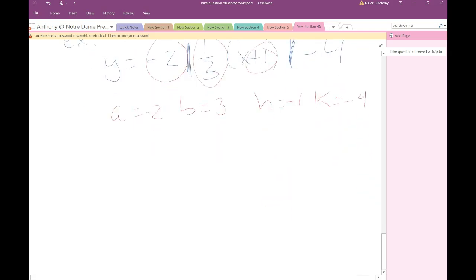So now that I have these 4 values, I can apply the rules that we memorized for the quiz to describe these transformations. For the a value, I have to check 2 things. I have to check whether it's positive or negative. Since it's negative, it reflects across the x-axis. And then I have to check the magnitude.